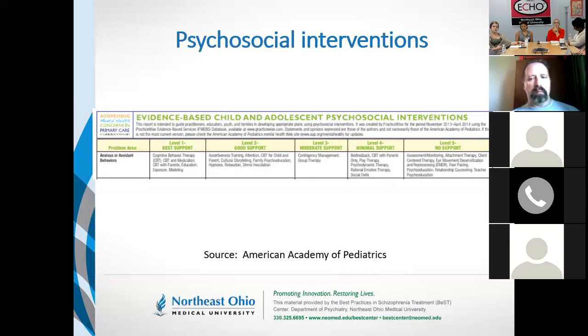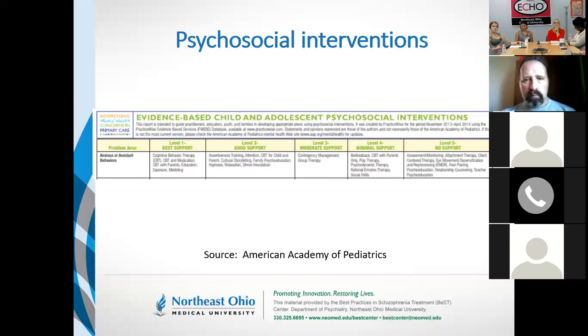Going from there, in level 2, we have assertiveness training, attention, CBT for child and parent, cultural storytelling, family psychoeducation, hypnosis, relaxation, stress inoculation, and level 3, or moderate support, contingency management, group therapy.